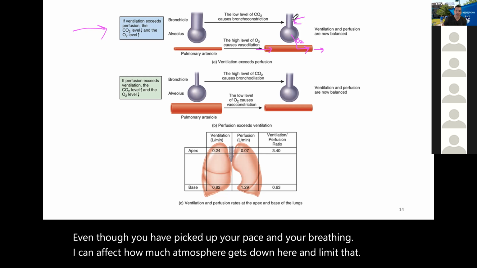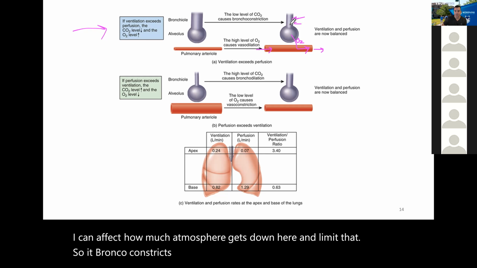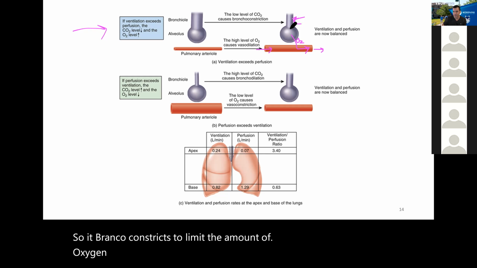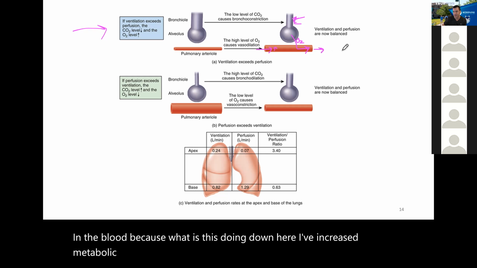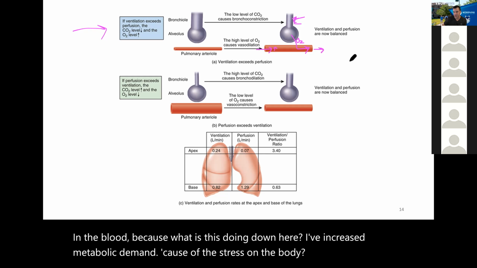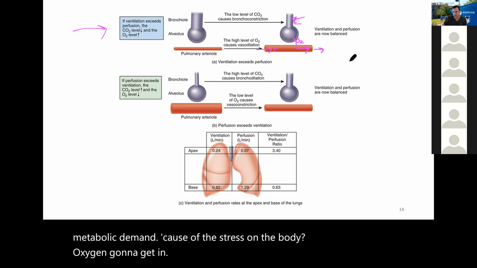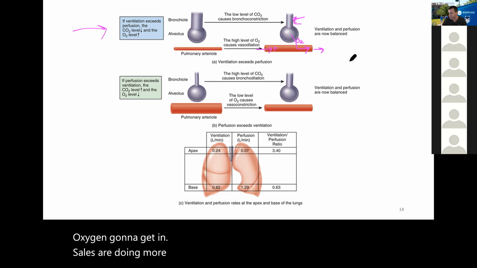So it bronchoconstricts to limit the amount of oxygen coming down in here. This allows, ultimately, for CO2 levels to rise in the blood, because what is this doing down here? I've increased metabolic demand because of the stress on the body. Oxygen's going to get in. Cells are doing more work because they are stressed. And CO2 levels can rise back up.